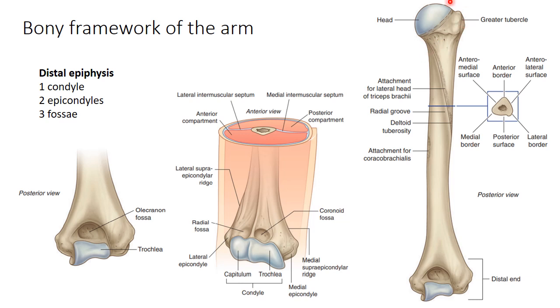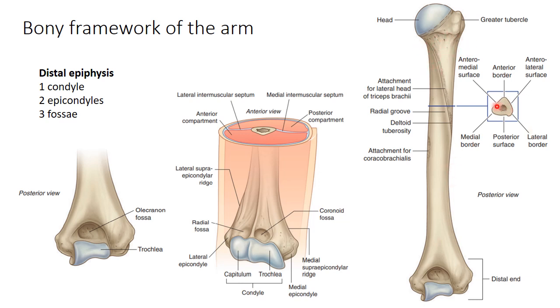The proximal epiphysis has the spherical shaped head, and just inferior and lateral to the head we have the anatomical neck, and we have two tubercles: the lesser tubercle, which appears on the medial aspect, we can't see here because this is a posterior view of the humerus, and the greater tubercle. Separating between them is the intertubercular or bicipital groove, and we have the surgical neck. Here's the position of the surgical neck.